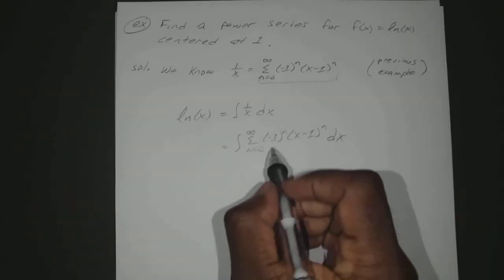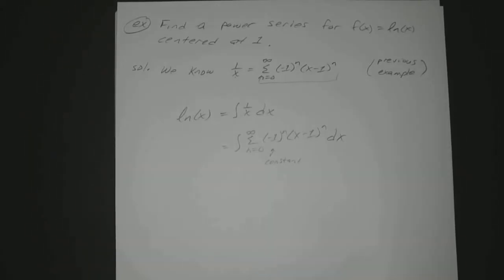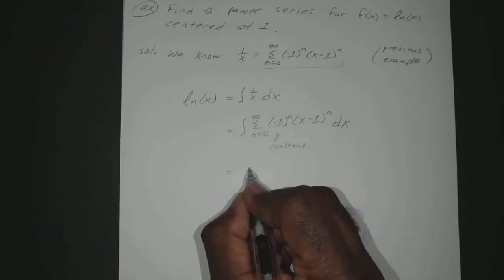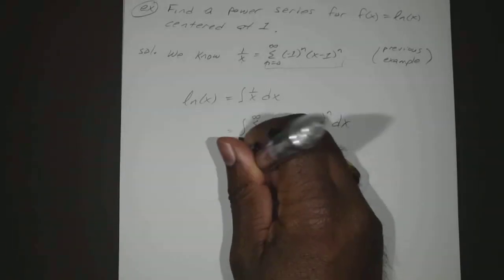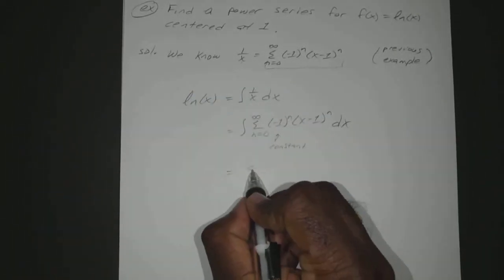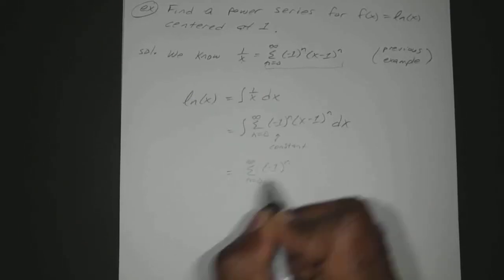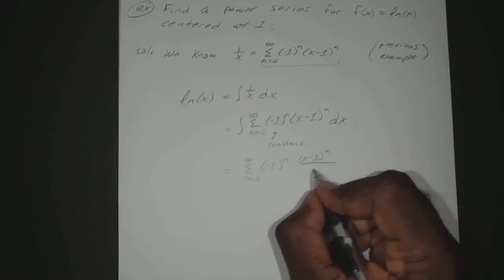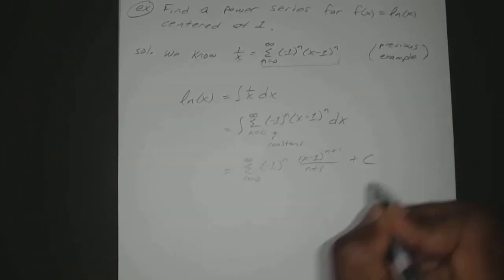Okay, so we know this is just our constant. So that -1 to the n doesn't really change, that stays the same. Okay, so this is equal to the sum from n equals 0 to infinity of -1 to the nth power times x minus 1 to the n plus 1 power, over n plus 1, plus c.